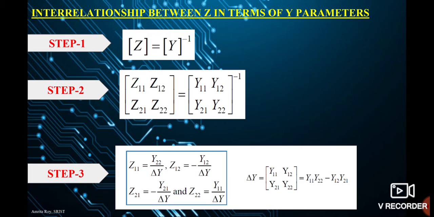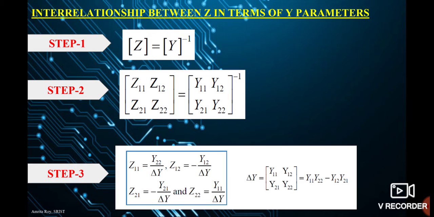What is delta Y? Delta Y is given on the right hand side, and it gives us the determinant of the Y matrix. So Y11, Y12, Y21, Y22 are the parameters of the Y matrix, and if we calculate the determinant, by cross multiplying the diagonal parameters of Y, Y11 into Y22 minus Y12 into Y21, we will get the determinant value of the Y matrix.